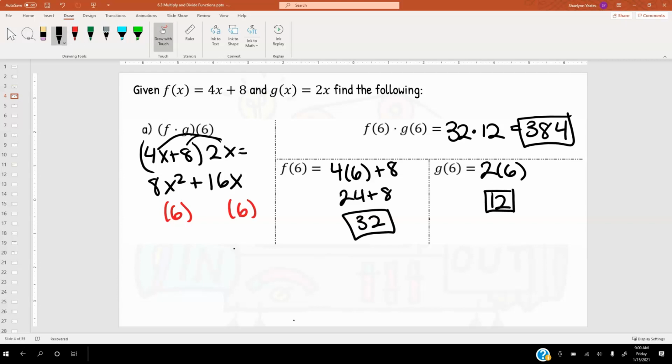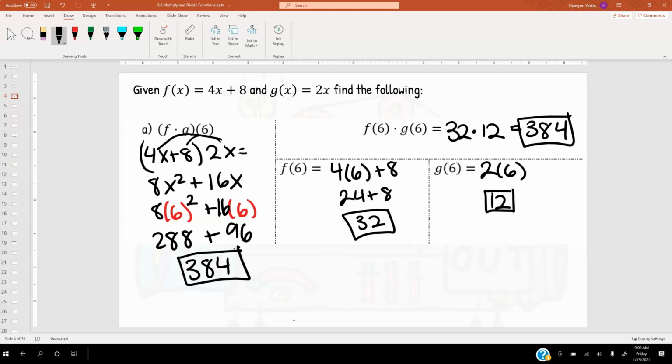So this becomes 8 times 6 squared plus 16 times 6. So I do 8 times 6 squared, which is 288, plus 16 times 6 is 96. And if I add those together, I get 384.